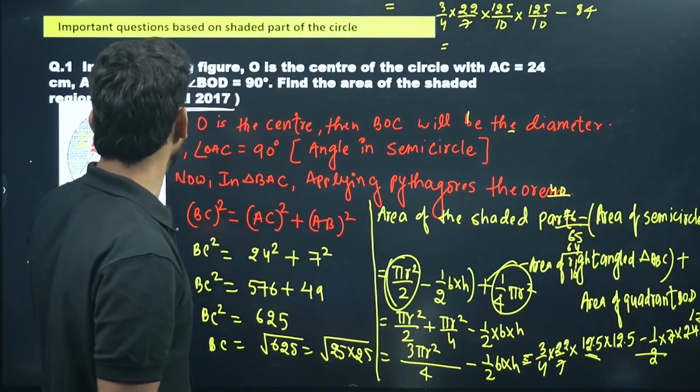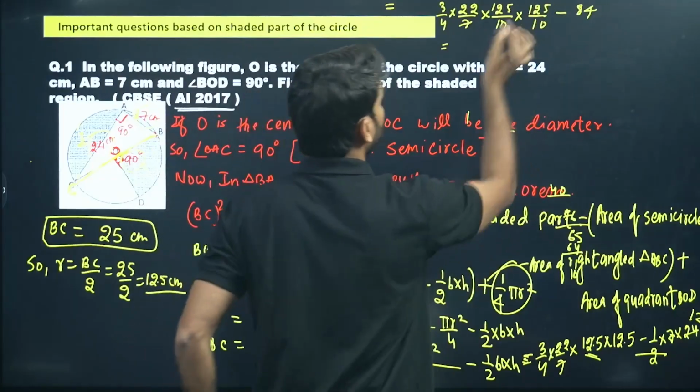I think this question carries 3 to 4 marks. Now do the calculation.